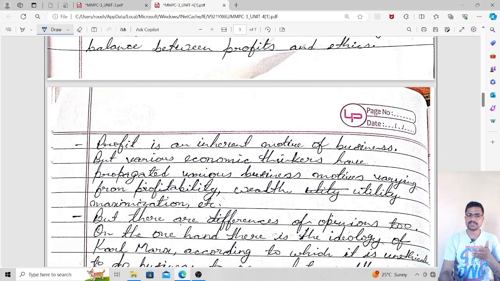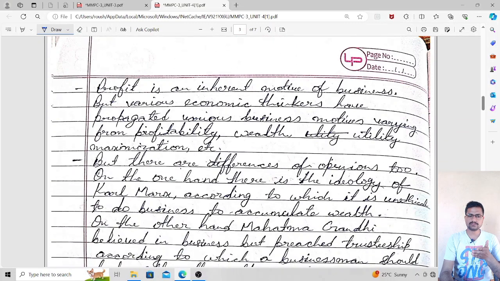So here, given profit is an inherent motive of businesses, but various economic thinkers have propagated various business motives, varying from profitability, wealth, utility maximization, etc. Means different economic thinkers have different bases for businesses.